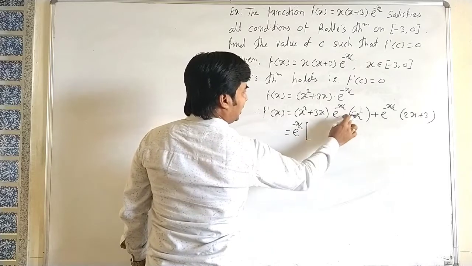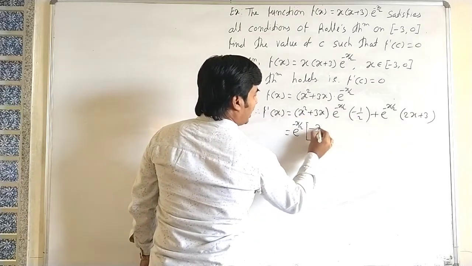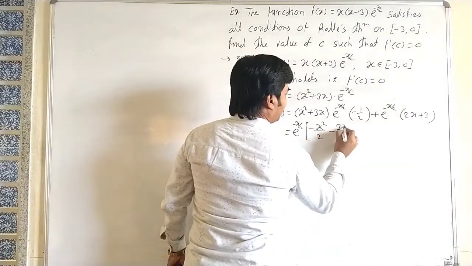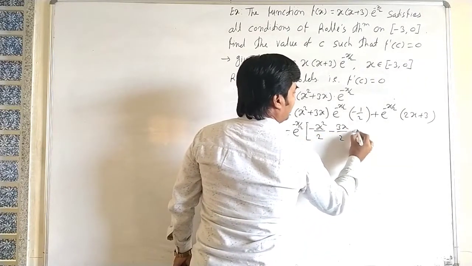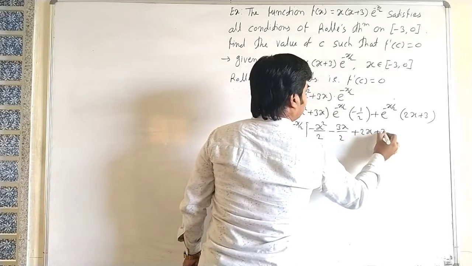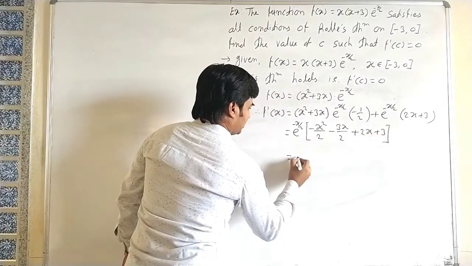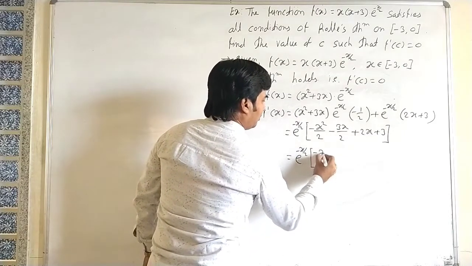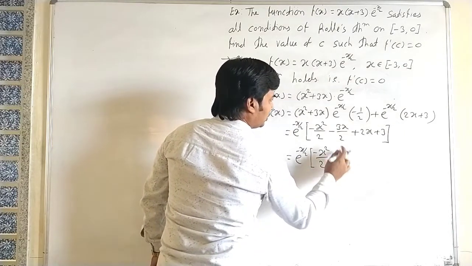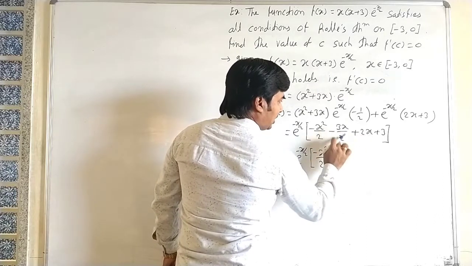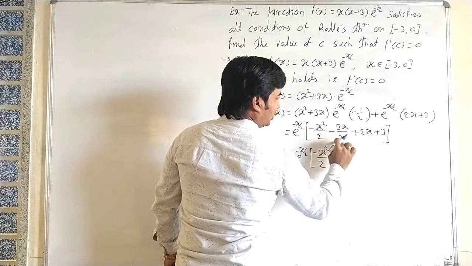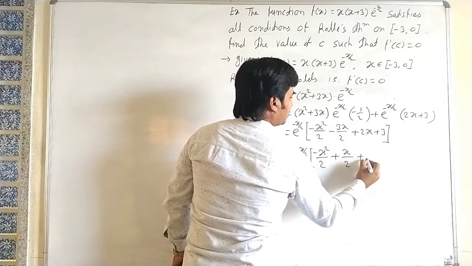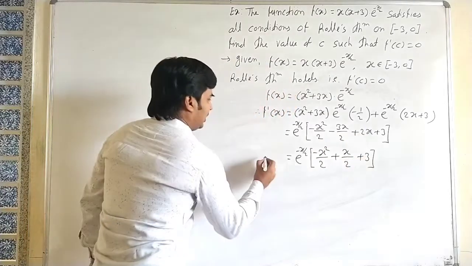Then remaining minus 1 by 2 into this, minus x square by 2 minus 3x by 2 plus 2x and plus 3. Now it is e to the power minus x by 2 into minus x square by 2, here minus 3 by 2x and it is 2x. It is 4, that means plus x by 2 and plus 3 as it is. Now it is f dash of x.